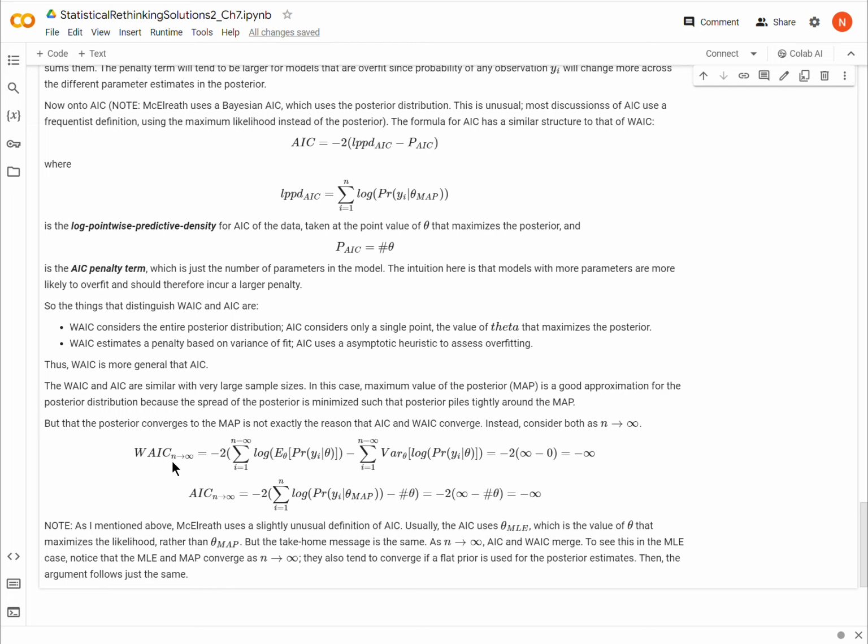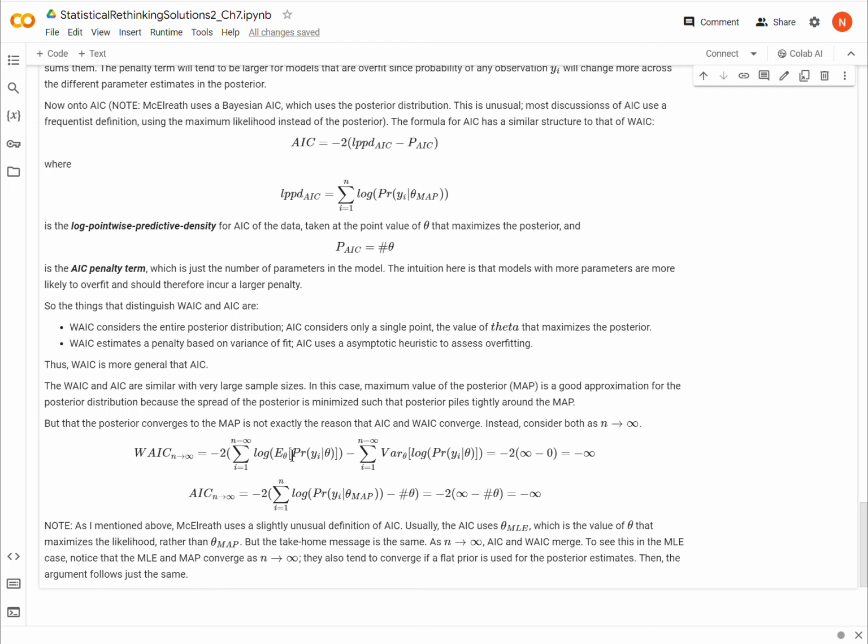Okay, so that's one thing to think about. But that doesn't really explain why the WAIC, which has this form right here, and the AIC, which has this form right here, are equal as n approaches infinity. To do that, I think all we need to do is write down WAIC as n goes to infinity and AIC as n goes to infinity. So just let's look at these so you can go through the math yourself and make sure that I haven't screwed anything up. As n goes to infinity, this first term becomes infinite, right? I'm summing infinite observations, or the log of the expected value.